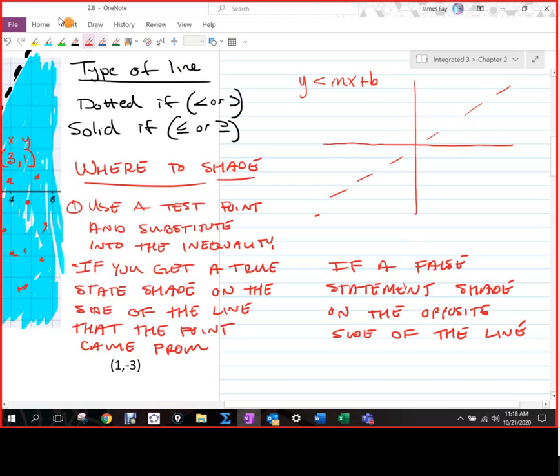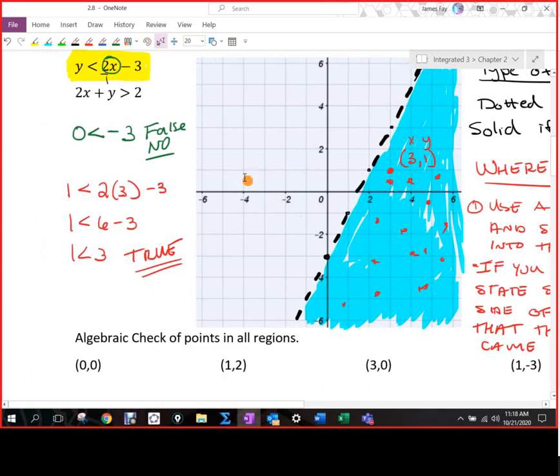Would you agree that the dotted line gives me a top side and a bottom side of my graph? Does that make sense? If it says y first and then less than, you're going to shade the bottom. And that's exactly what we did right here. We have y first, it's less than, and this would be the bottom of the line.